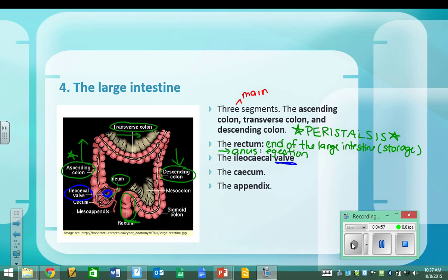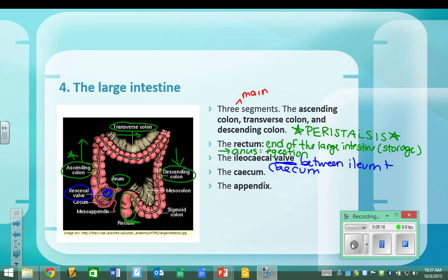So the ileocecal valve is between the ileum, which is the end of your small intestine, and the cecum, which is the beginning of your large intestine.